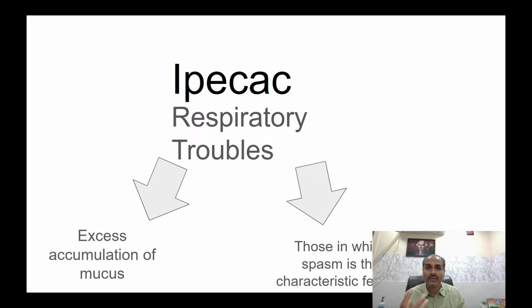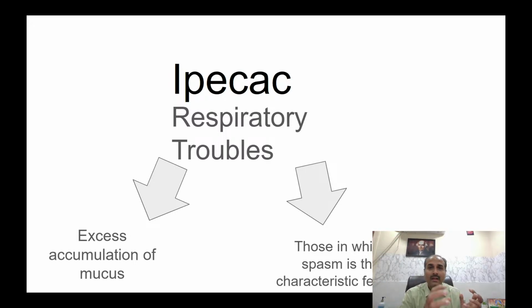Something like coarse crepitations, something like a dull percussion zone. These will be the indications for you to understand that the cough has already settled and kind of blocked the bronchioles. This is where you will require maybe a deeper remedy, Antim tart, Phosphorus, Sepia.